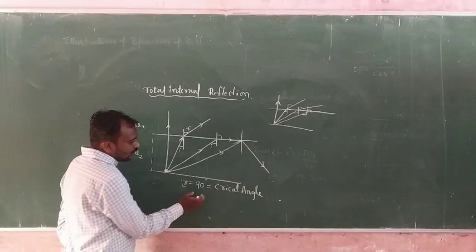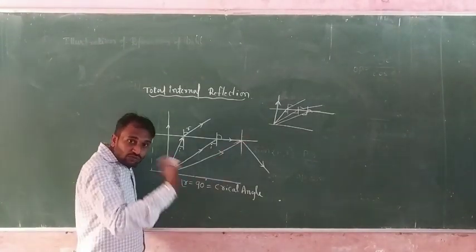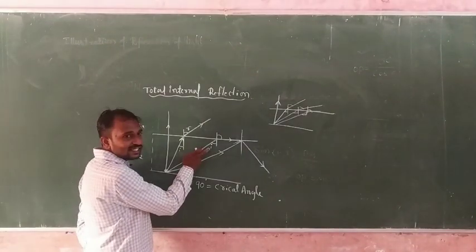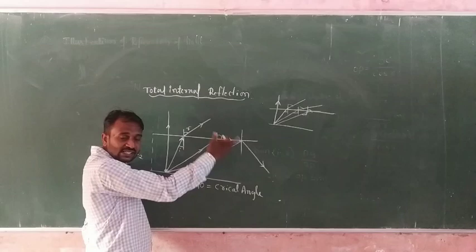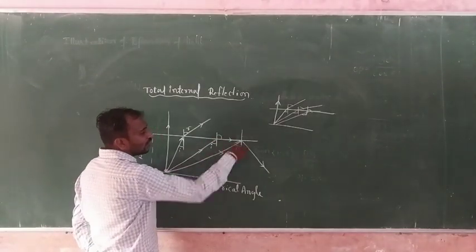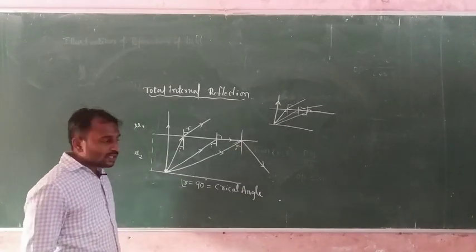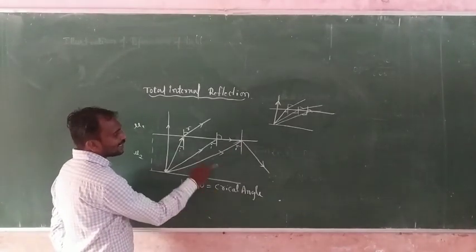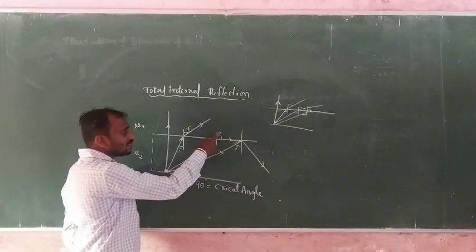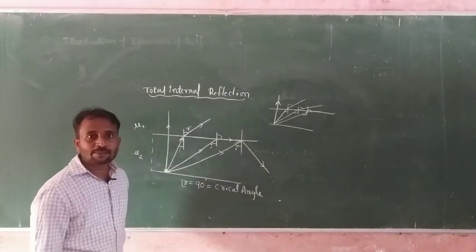When we get angle of refraction as 90 degrees, and then the angle of incidence increases, then only will we get the angle of refraction greater than 90 degrees. So critical angle means the angle of incidence that makes the angle of refraction equal to 90 degrees.